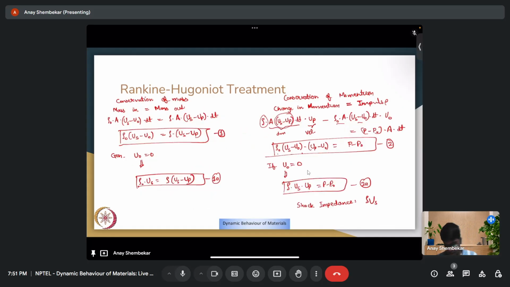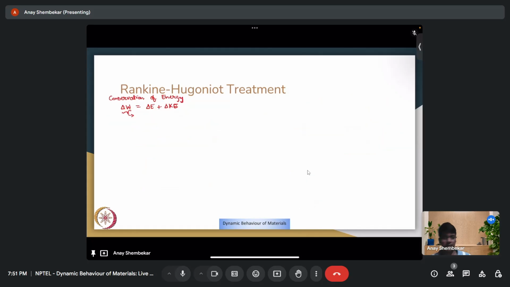When I come back to the work done, I will then be using the constant pressure P, and the constant pressure P multiplied by the area A gives me the force. So P into A gives me the force, into the distance this force acts.